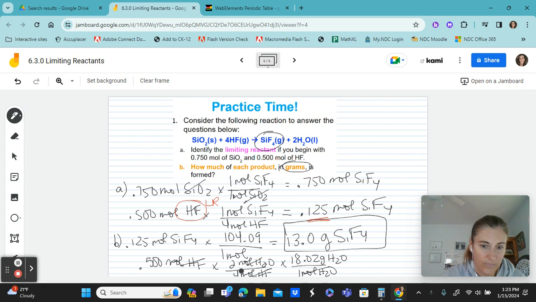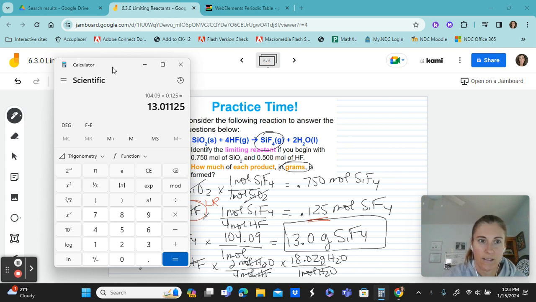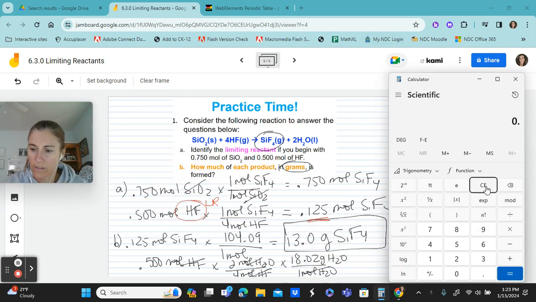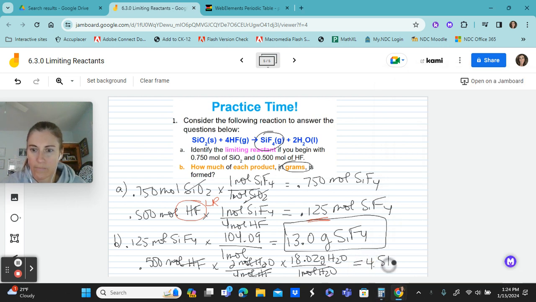So 0.5 times 2 times 18.02 divided by 4 is 4.51 grams of water.